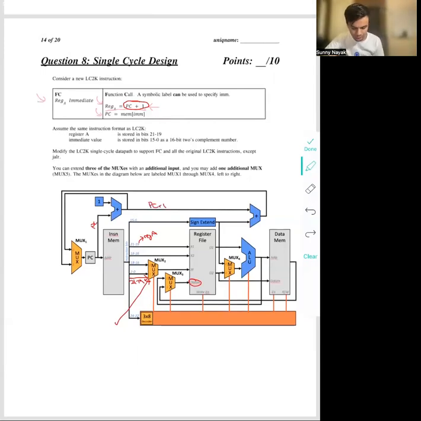So that needs to be a potential input for the value that I write into data in. The mux that decides what value is written into data in is mux3 right here. So we'd want to connect this wire, PC plus 1, as an additional input into mux3. What that allows us to do is specify this value that we're setting register A to.